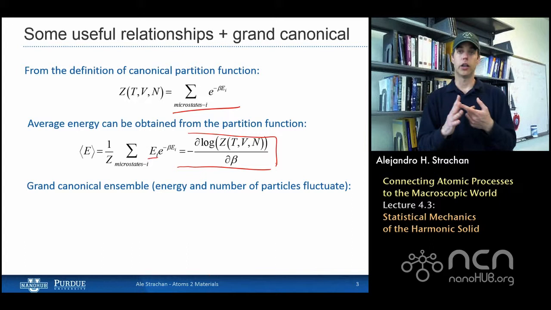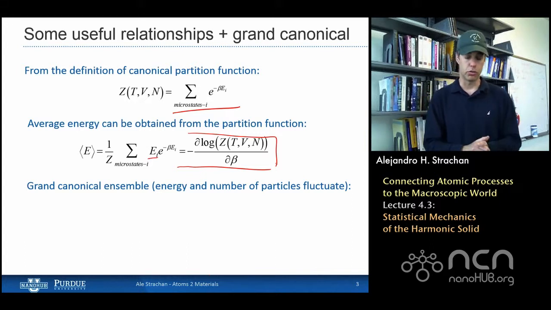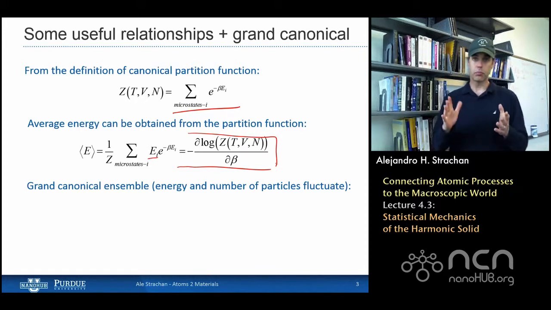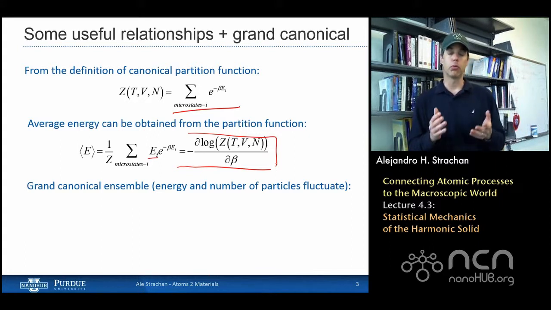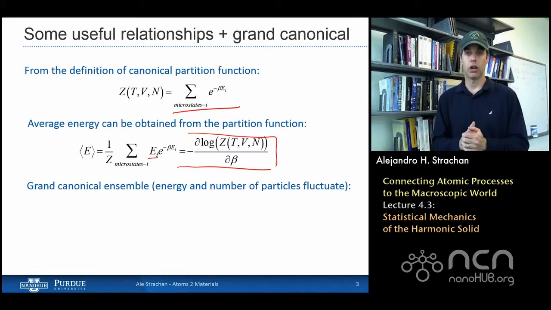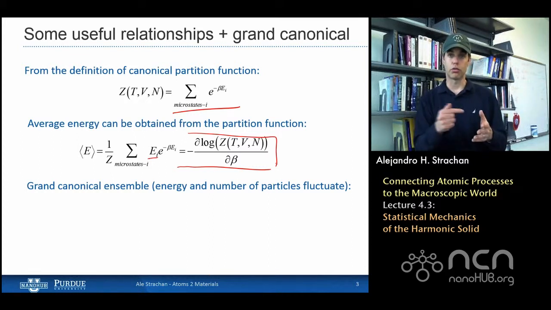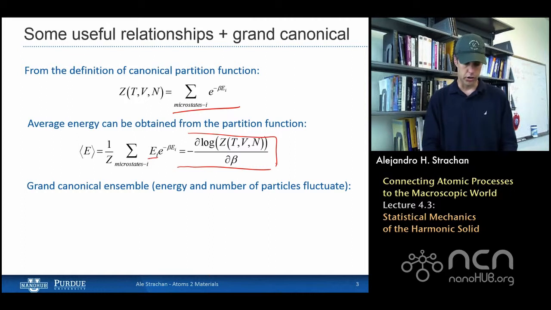It has a permeable membrane separating the two systems. The bath sets up the temperature of the system, because of the energy exchange, and it also sets up what's called the chemical potential of the system, and that's what controls the number of particles.